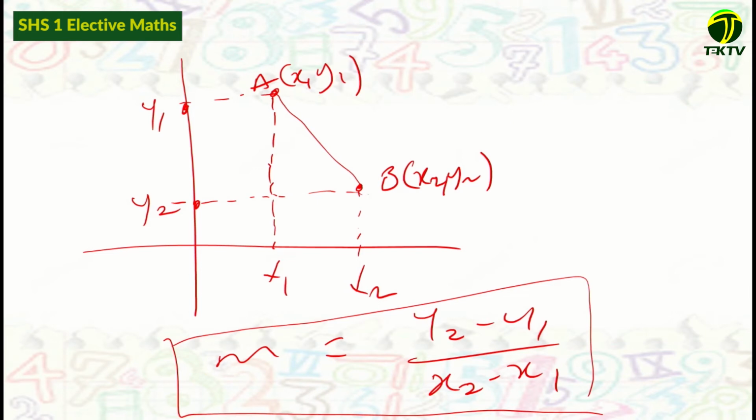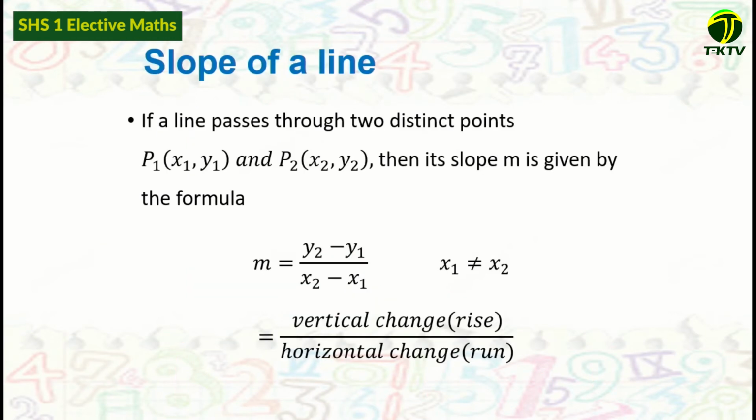So again, you only have to indicate the coordinates and do the normal substitution. So the formula m equals y2 minus y1 out of x2 minus x1 is for the gradient of a line passing through two distinct points.